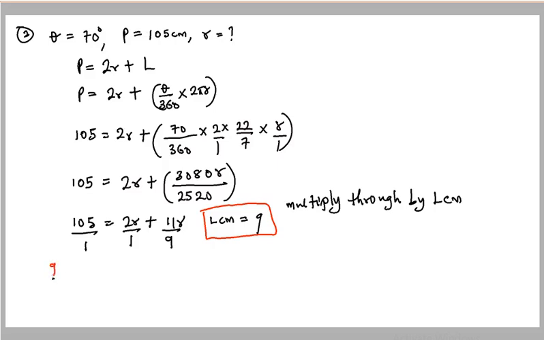Multiplying all through by 9 goes this way. I'll write 9 here. Now 9 multiplies 105 divided by 1, which is still 105, equal to, I have my 9 again, 9 multiplies 2r divided by 1 still gives 2r, plus multiply again by 9.